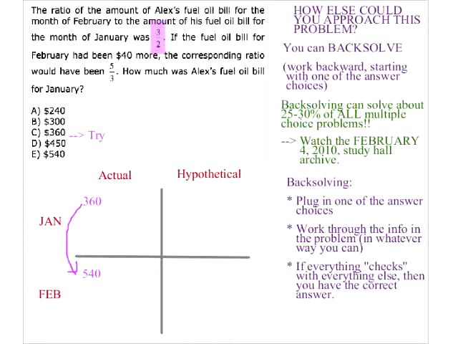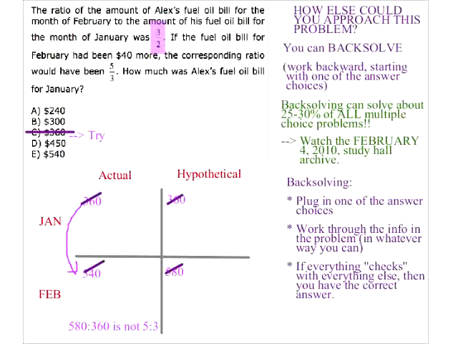If you need to solve a proportion to do that, you can: 3 to 2 equals X over 360. Then, if the fuel oil bill had been $40 more, this would still be 360, but then this would be 580. So 580 to 360 is not 5 to 3. It's supposed to be 5 to 3, which means that these are incorrect, and so choice C is out.